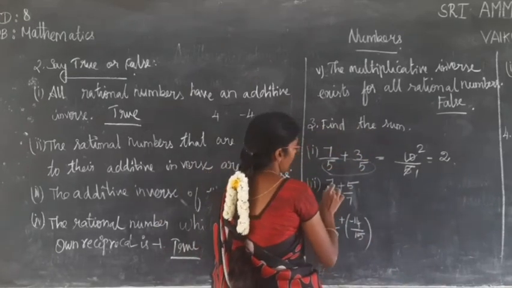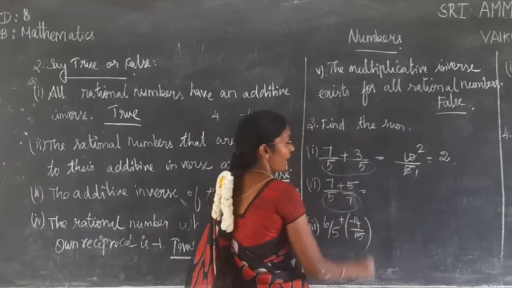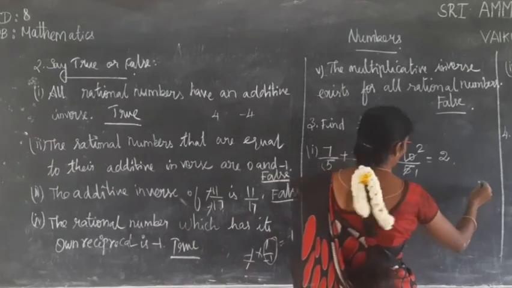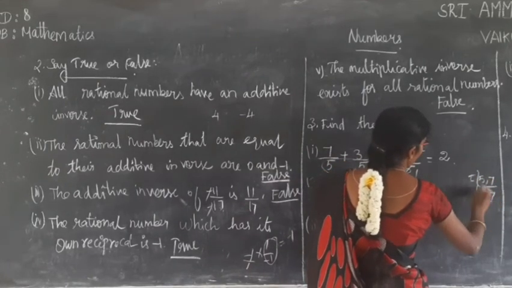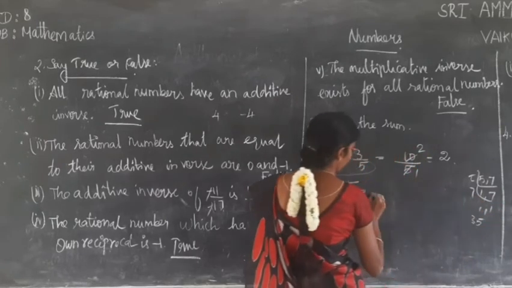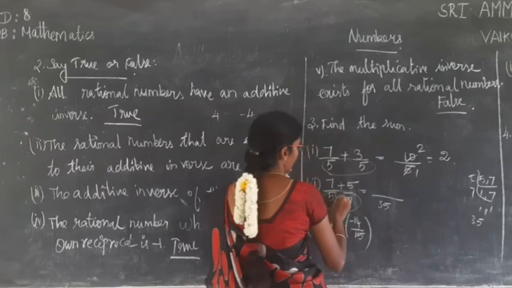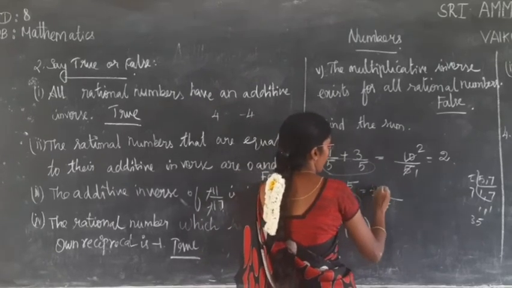So the next problem. See here, 7 by 5 plus 5 by 7. The denominators differ, so I have to take LCM. So 5 sevens are 35. So 35. Here also 7. 7 sevens are 49.